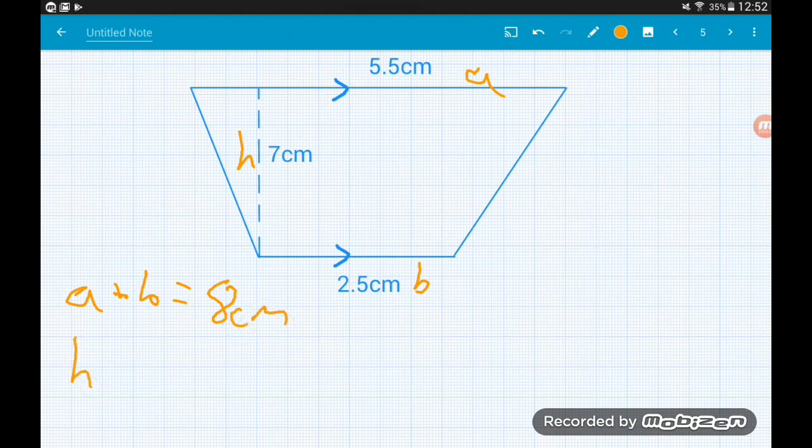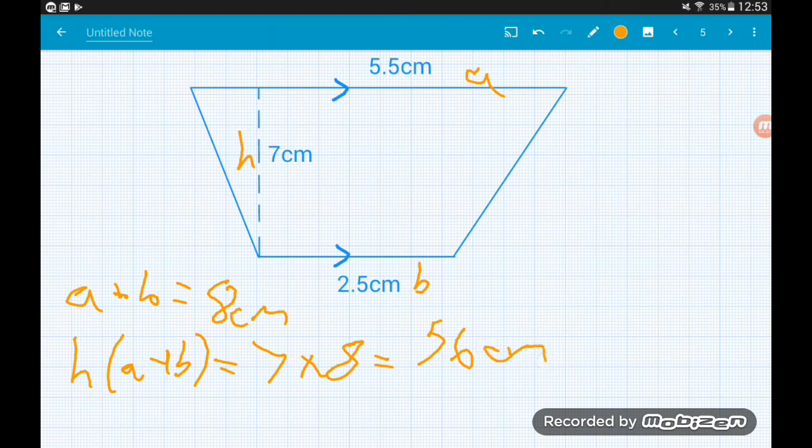Now we can work out the height times A plus B. That's just going to be 7 times 8. Now remember, that's a length times a length again. So 7 times 8 is 56, and it's a length times a length, so that gives us 56 centimetres squared.